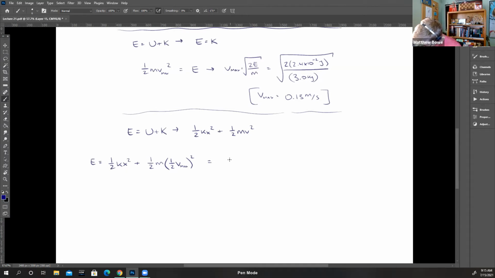So let's keep going: kx squared plus, so it's just 1/4 times 1/2. I've squared that 1/2 and then I just dragged it out in front.